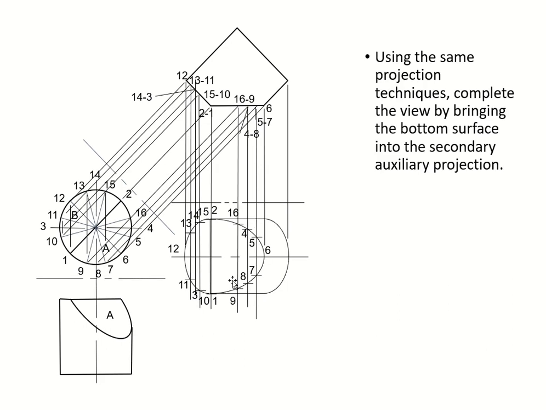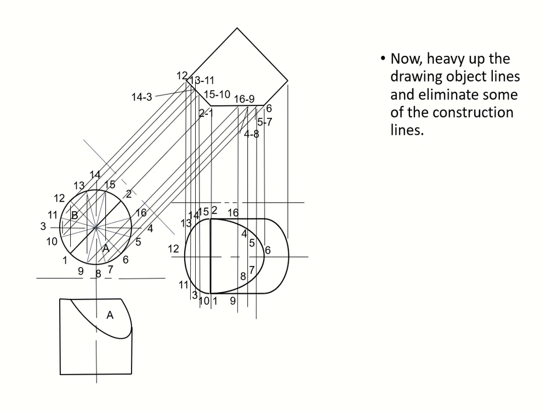And then we're going to use the same projections, and then we will complete this right side view, because you have this portion of it. We get this, but we have to do this. So now you have this, and then we will be drawing all of our projectors straight down, and then complete the other part of your cylinder on the right side view.